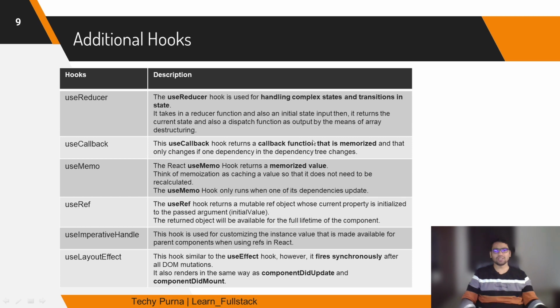The useCallback hook returns a memoized callback function that only changes if the dependencies change. Basically useCallback and useMemo are used to improve performance. The useMemo hook returns a memoized value, but useCallback memoizes the callback function. The useRef hook returns a mutable object whose current property is initialized to the passed argument, the initial value.